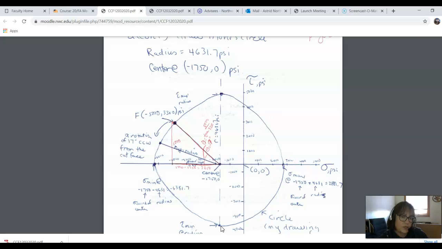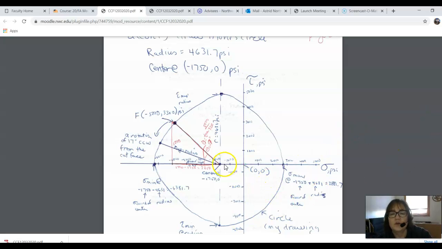Now, if you remember when we talked about how this circle is constructed, it's a transformation equation and it's a geometric construction. So 2 degrees on the circle equates to 1 degree on the stress block, or 1 degree in real life. So anytime you have a rotation, for example 17 degrees in real life, it's going to be represented by 17 times 2, or 34 degrees on the circle.